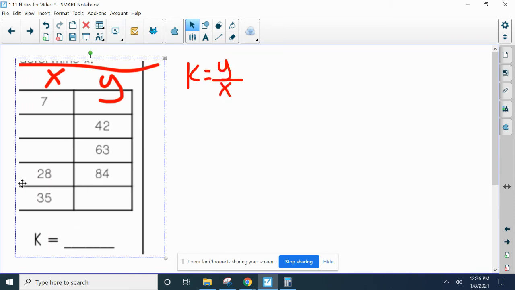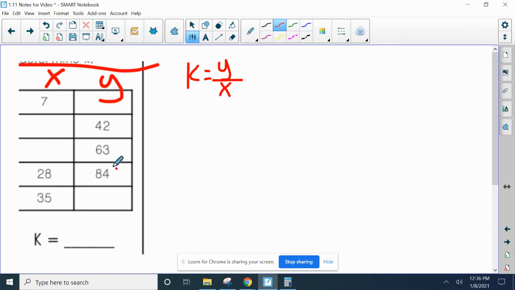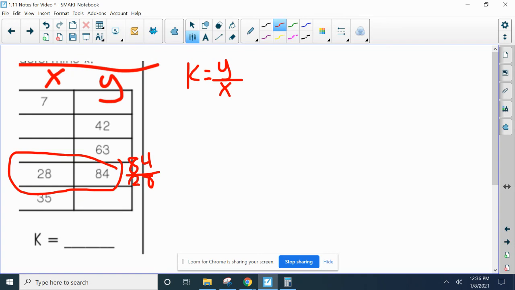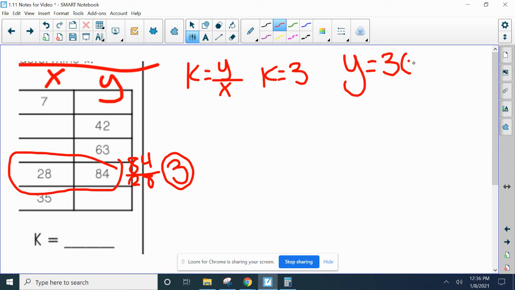So this time here is the one we have. So 84 divided by 28. And we're just going to make it a decimal. 84 divided by 28 is 3. Our constant of proportionality is 3. So k equals 3, which means y equals k times x.